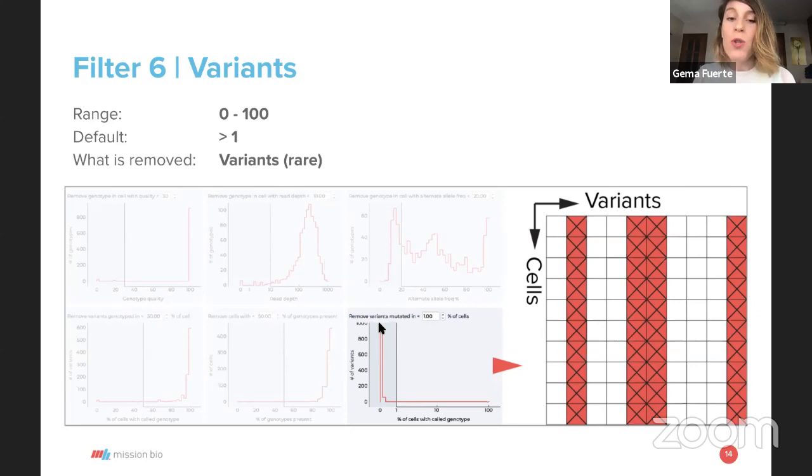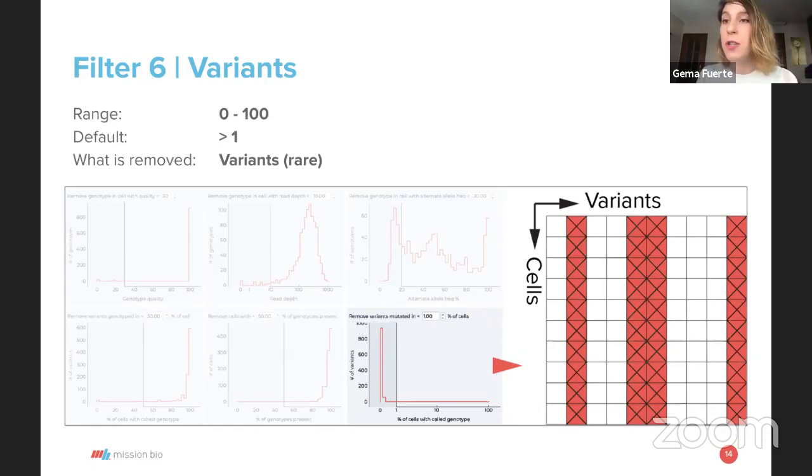Here you will be removing variants that are mutated in less than 1% of the cells, so variants mutated in 0.1, 0.2, 0.3% of the cells, essentially, and we put a threshold at 1.